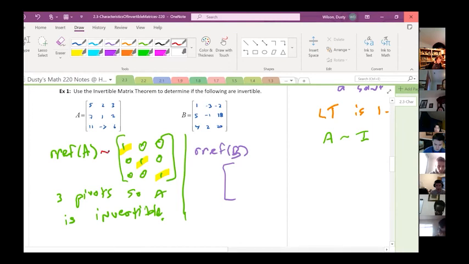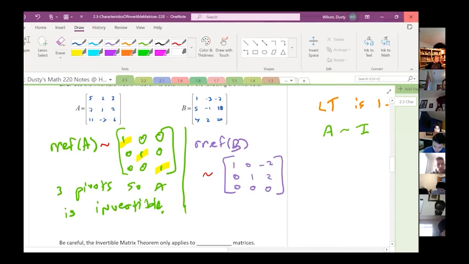It should be the tilde mark, right? Because it's row equivalent. So when I row reduce B, I'm going to get 1, 0, negative 2, negative 2, and I've got 0, 1, 2, 0, 0, 0.